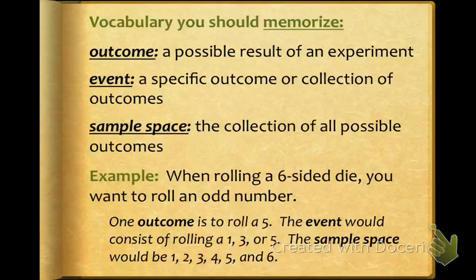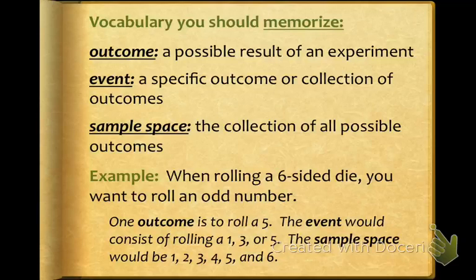So the example is, when you're rolling a six-sided die, you want to roll an odd number. Using the vocabulary we just talked about, one possible outcome would be to roll a 5. If you roll a die, that is a possible outcome. The other possible outcomes would be to roll a 1, or a 2, or a 3, or a 4, or a 6.